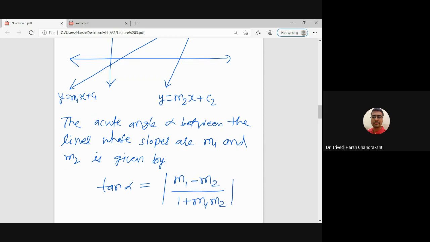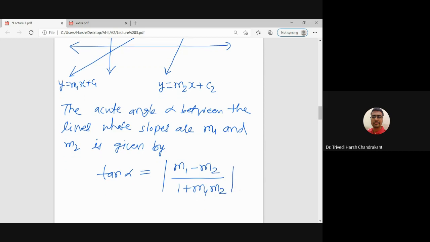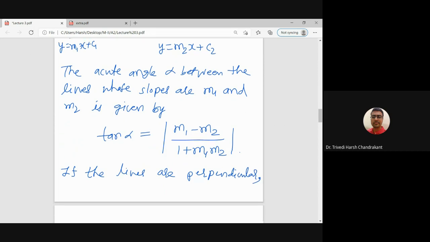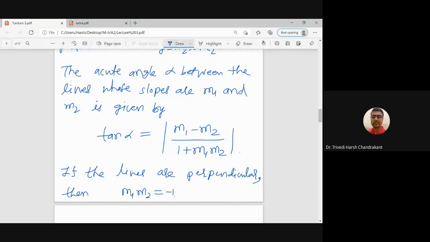So this we already know, and in this case basically plus or minus tan alpha is m1 minus m2 by 1 plus m1 m2, and we know that if the lines are perpendicular, then the denominator term will give us the condition that m1 into m2 is equals to -1. Right.